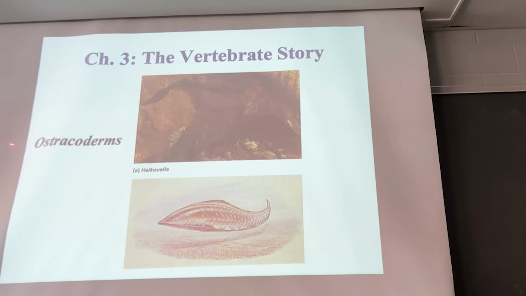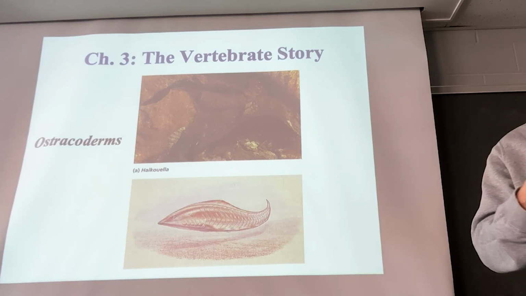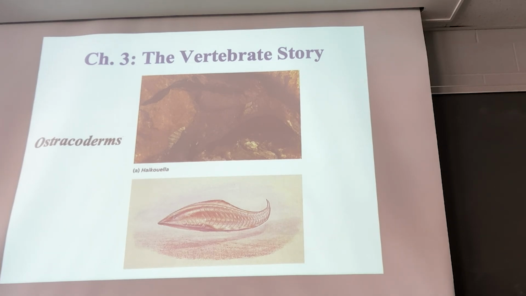Now this bone will be modified as we move into more modern fish into what we call scales. All right, and scales are really just reduced bone, as you'll see. We'll reduce it, make it bendable, and it is still made by the skin, particularly the dermis of the skin. So ostracoderm is boned dermis, if you will, or bony dermis.